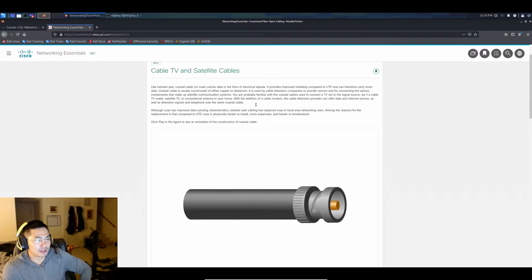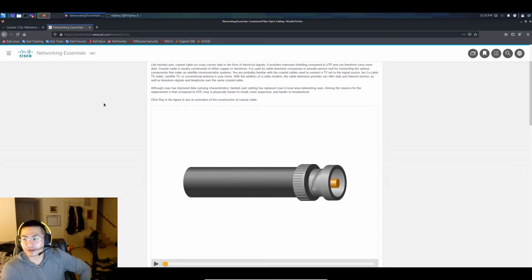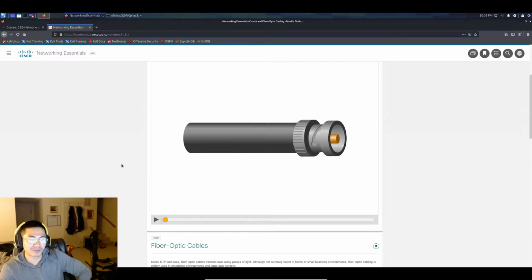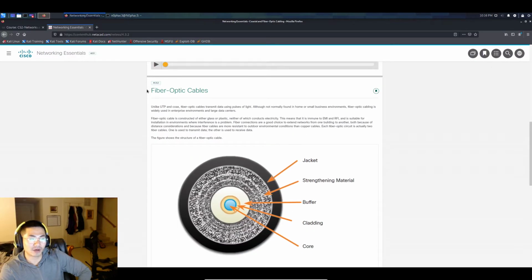So let's see. Cable TV and satellite cables. So again, coaxial cables associated with the TVs. For where I'm from, it's not too entirely common to see coaxial cables anymore. Like I said, it's kind of more like a novelty, because now we're onto fiber optics.